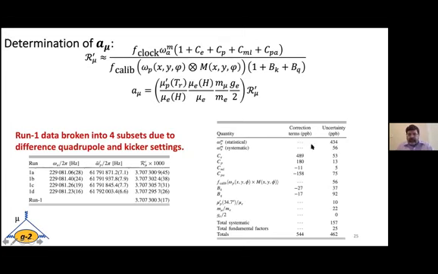And then here's a breakdown of correction terms and the size of the corrections, as well as their associated uncertainties. I don't have time to cover everything, so I will discuss a little bit more the 2 largest sources of uncertainty for the Run 1 measurement.